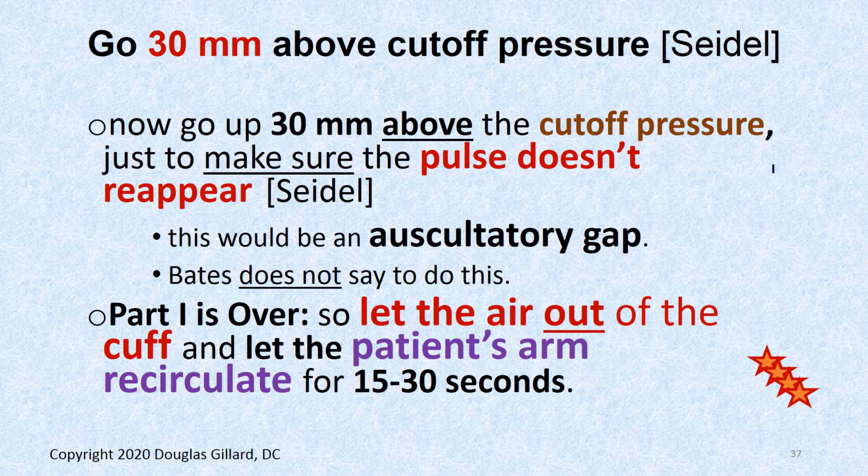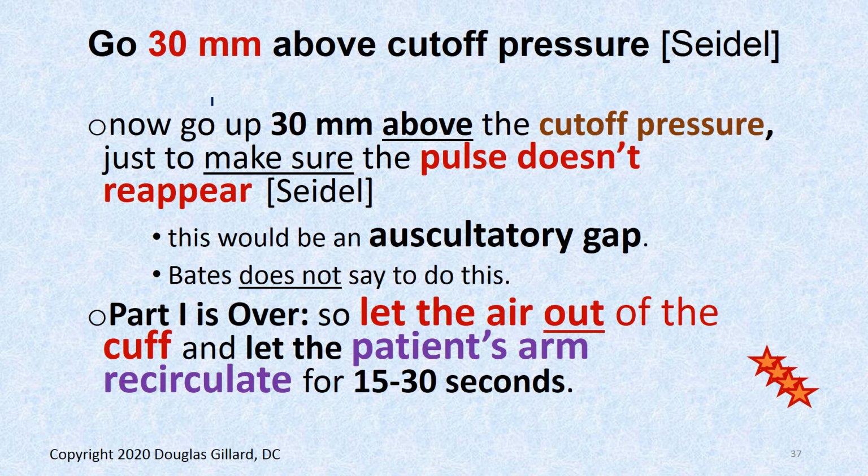And then Seidel, and this is relatively new, wants you to keep going just to make sure it doesn't come back to life. Right? So there should be no pulse. So if you pump up, let's say that happened at 120, if you pump up to 150, you should not feel a pulse. A person with an auscultatory gap, you'll feel a pulse after a silent period. So that's the whole point of that.